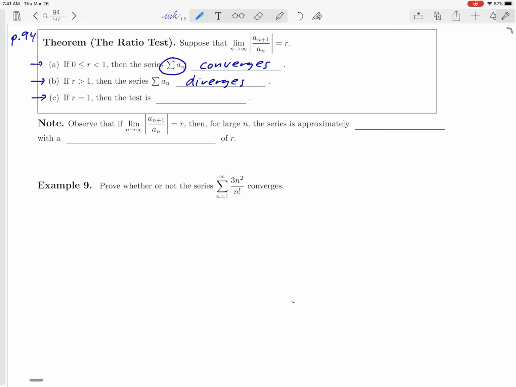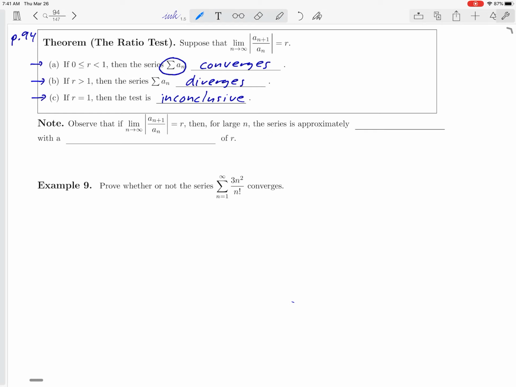The third and last possibility is what if you get 1? Unfortunately, in this case we don't get any information at all. The test is inconclusive, which means the ratio test would not help us determine whether the series converges or diverges.